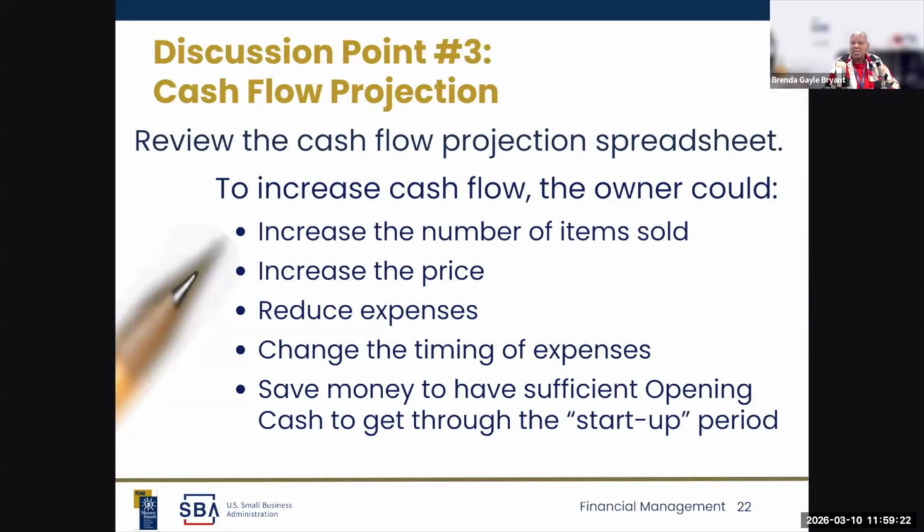Are there things that I can do to reduce my expenses to compensate for the amount I have coming in? Do I need to change the timing on my expenses? Maybe they're coming in at a time where I don't have the money in yet. So maybe it's just something as simple as timing.